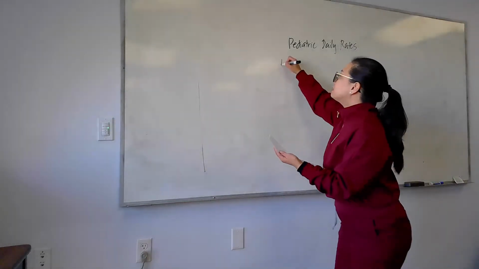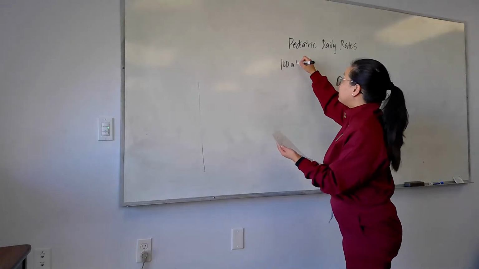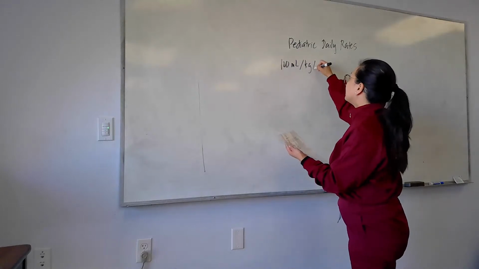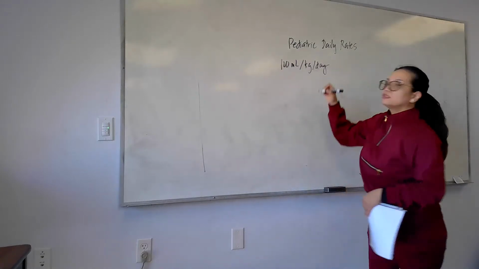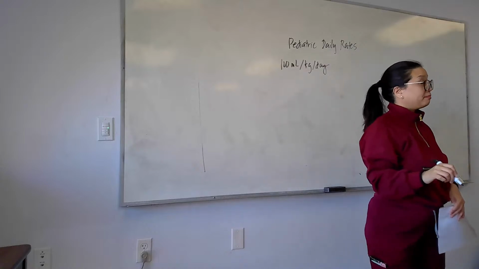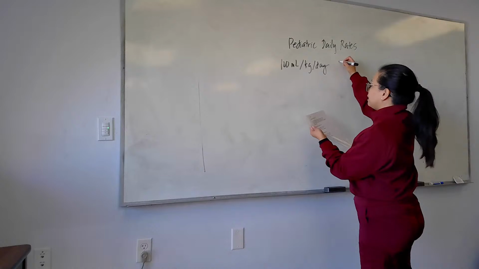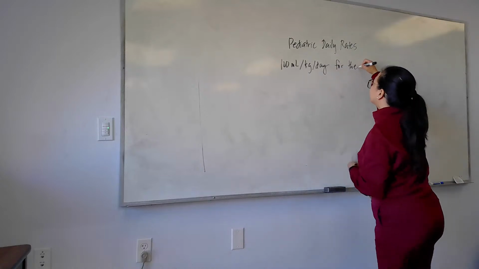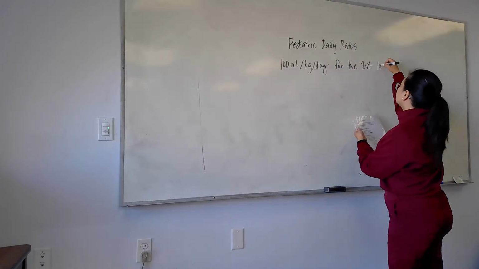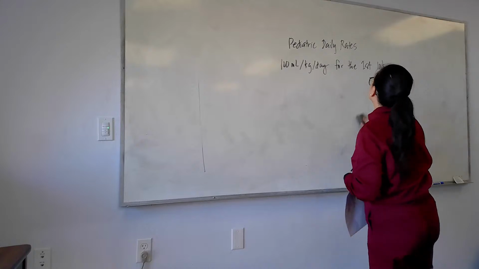Okay, this is how it will look like: 100 ml per kilogram per day. See the difference? It went from milligram per kilogram per day to ml per kilogram per day for the first 10. I should write the word first.